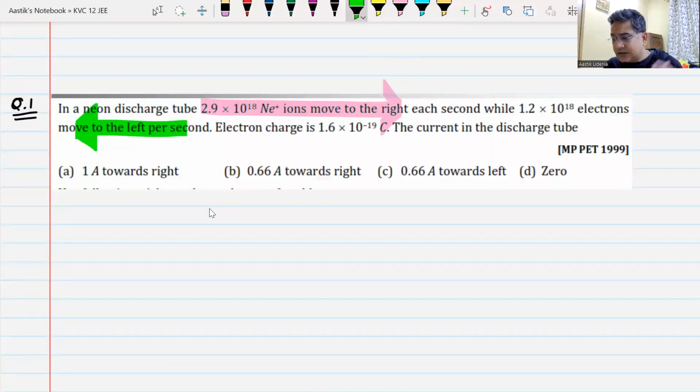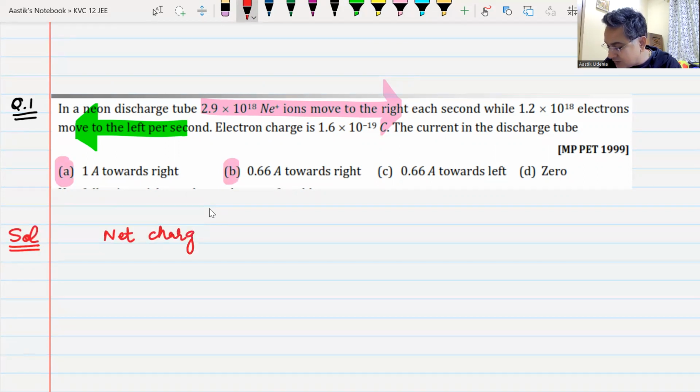So basically, positive ions are moving towards right, electrons are moving towards left. Electrons moving towards left is the same as positive charge moving towards right. That means the correct option has to be towards right, so it can be option A or option B. The only thing I have to do now is to find out the total or net charge that has flown.